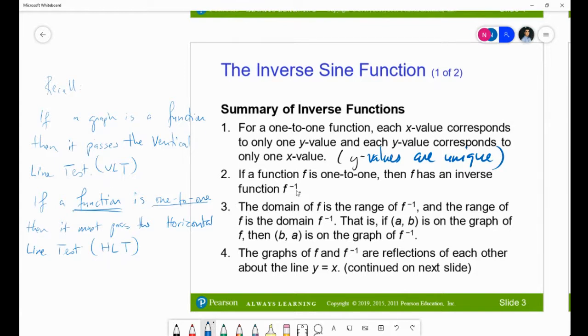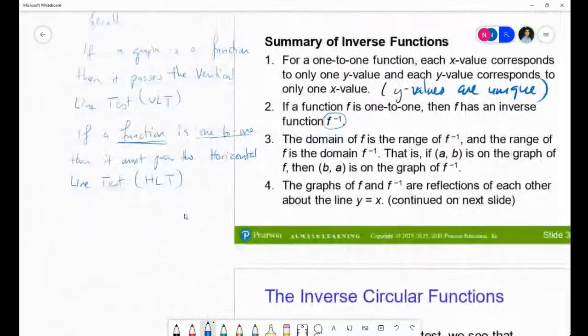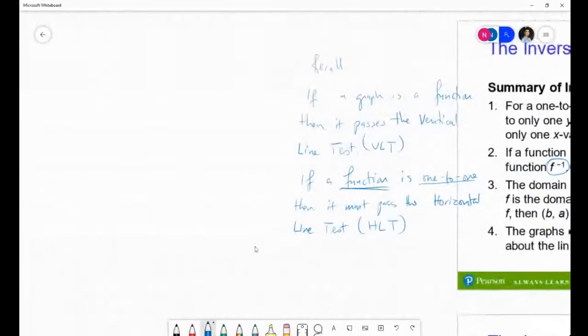Okay, so the notation for inverse is f to the -1. Now remember, just be careful here, f to the -1 of x is not the same thing as f of x to the -1. Do we know why that is?